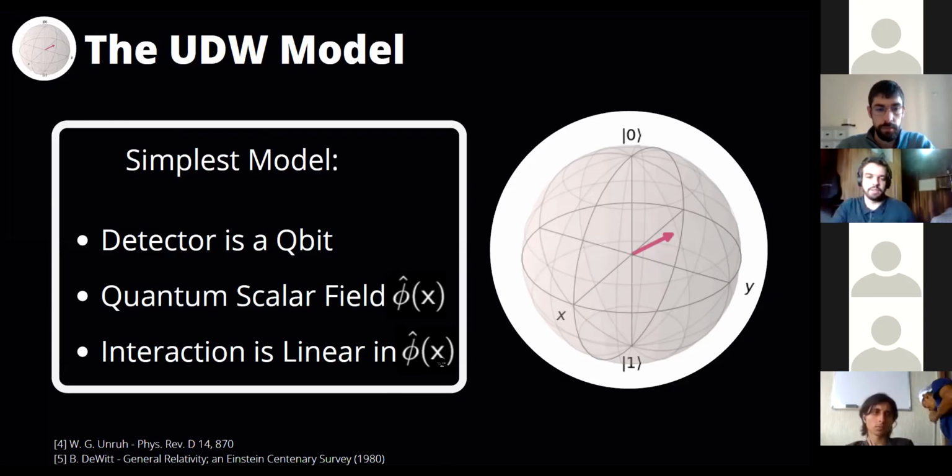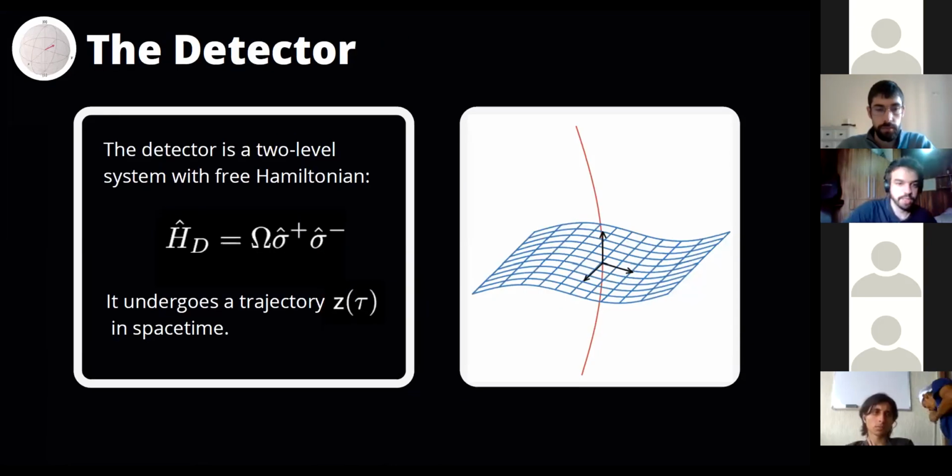So that's where this whole idea of UDW model and particle detector models arose. And after that, well, there are infinitely many citations to add regarding these, but time is finite and so is space, in the slides, I mean.